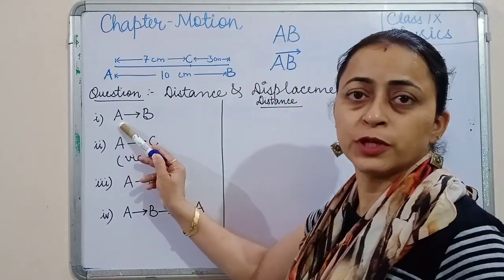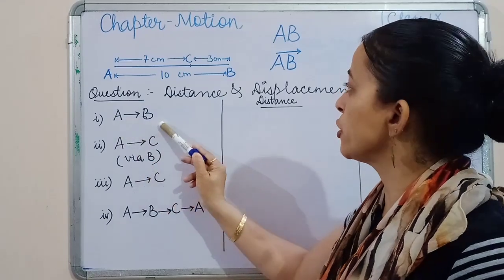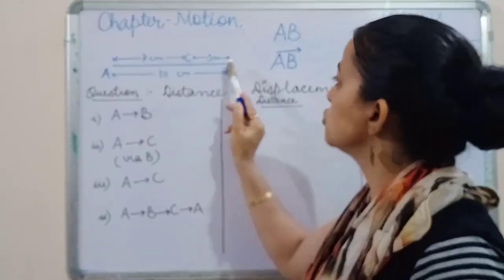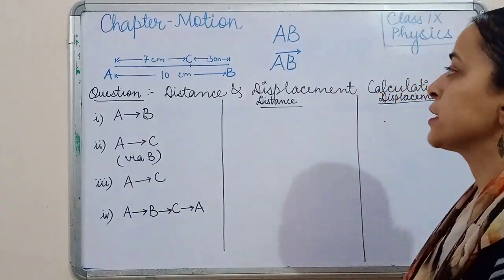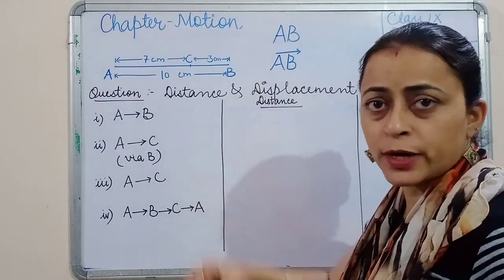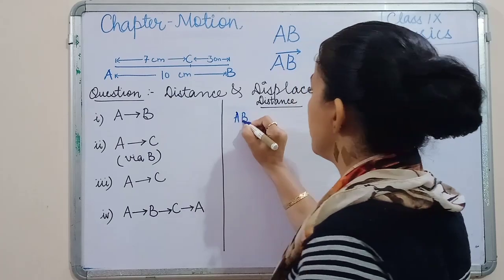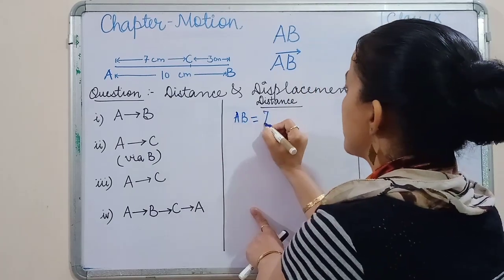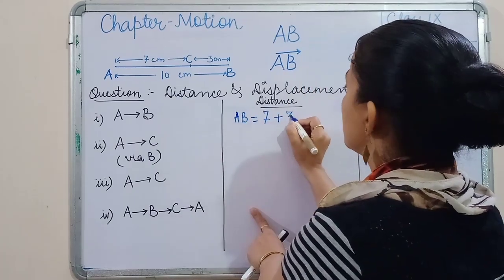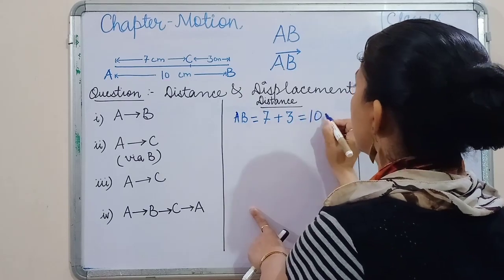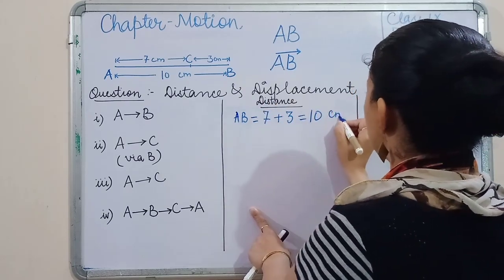Position 1 is when the object is moving from A to point B. Obviously, it's moving along the same straight line covering the total path length. Therefore, distance AB becomes equal to 7 plus 3, that is 10 centimeters.